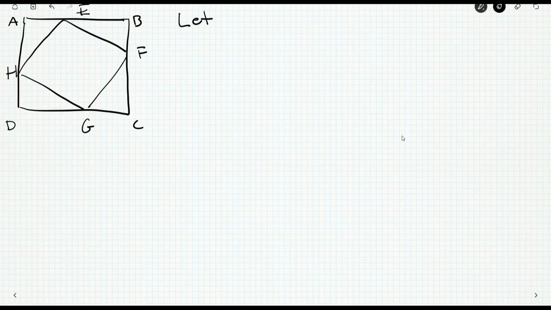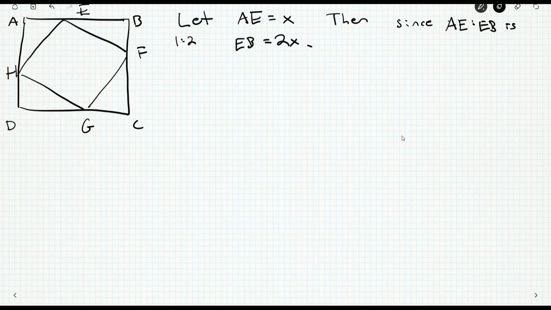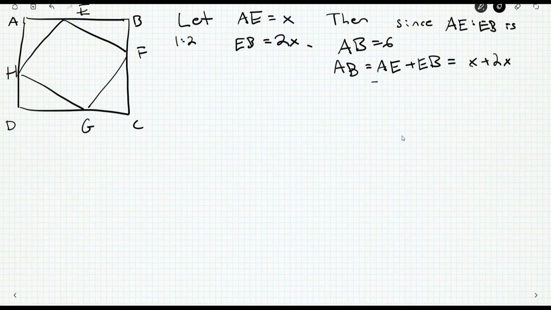So I could say something like, let AE have a length of x. Then since AE to EB is 1 to 2, EB has a length of 2x. AB is 6. AB is AE plus EB, which is x plus 2x, which is 3x. So 6 is 3x. X equals 2.